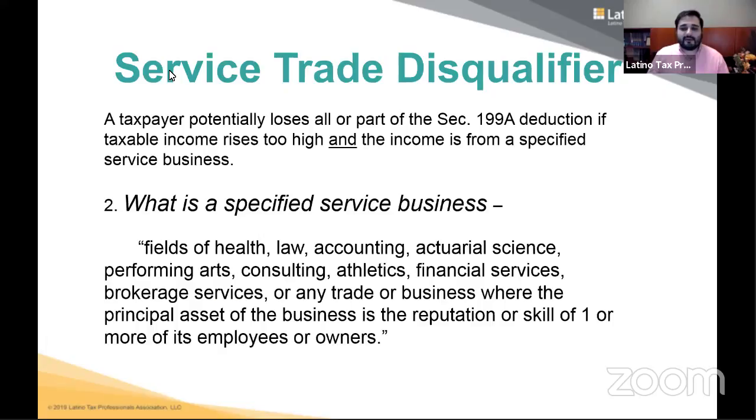If you have one, and your taxable income is above the threshold, it gets complicated. There are going to be limitations. You may be disqualified. If you have one, and your taxable income is below the threshold, it doesn't matter. You're going to get the deduction anyway.